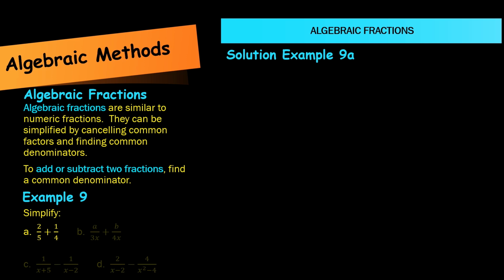So let's do that with our fractions. 2/5 is going to be multiplied top and bottom by 4. And 1/4 is going to be multiplied top and bottom by 5.